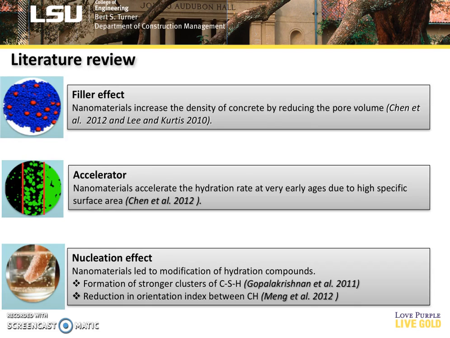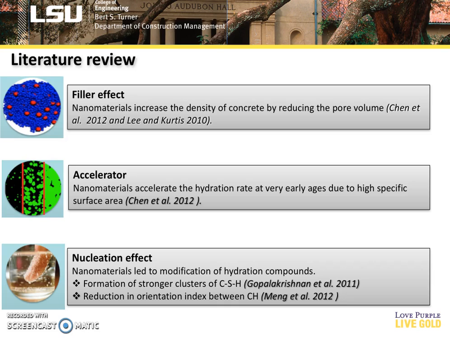According to the literature review, nanomaterial can improve the properties of concrete by first acting as a filler effect, which increases the density of the matrix by reducing the pore volume. Secondly, they accelerate the hydration process at early ages.